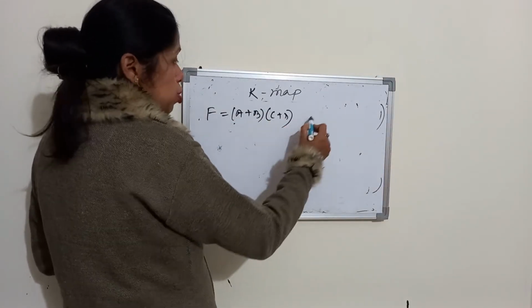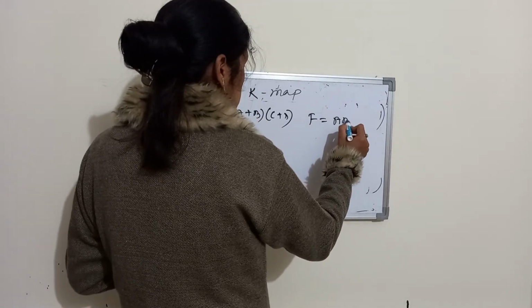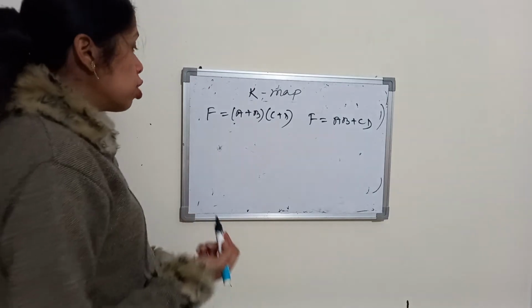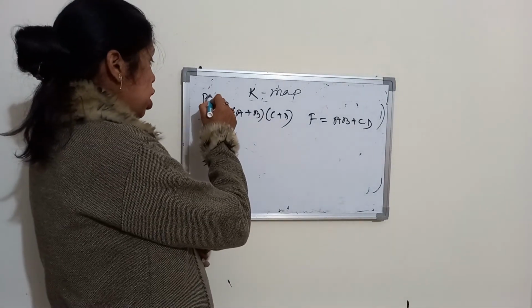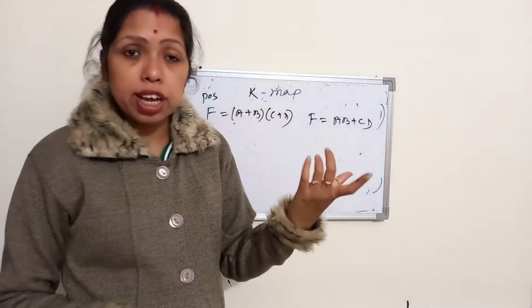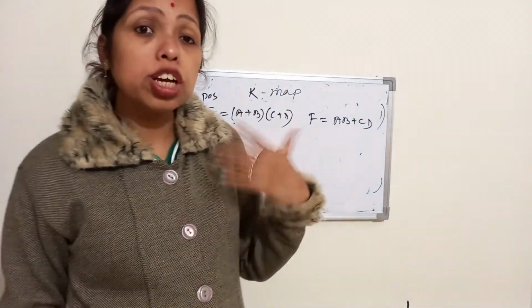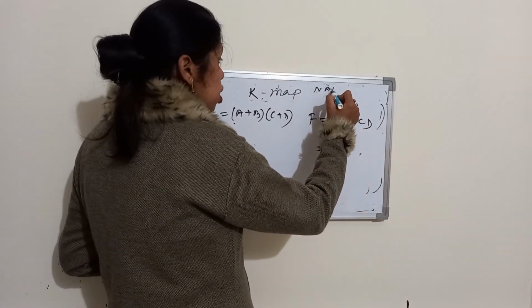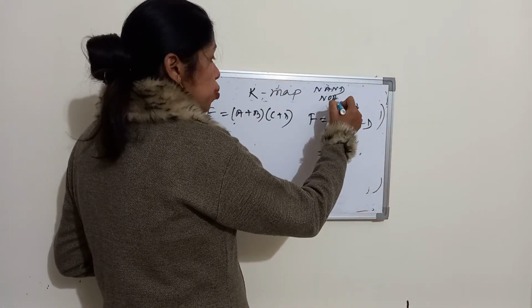a POS expression, again you have an SOP expression, right? If you have the POS expression, normally the question is like: draw the logical circuit using basic gates and draw the logical circuit using universal gates. NAND and NOR are universal gates.